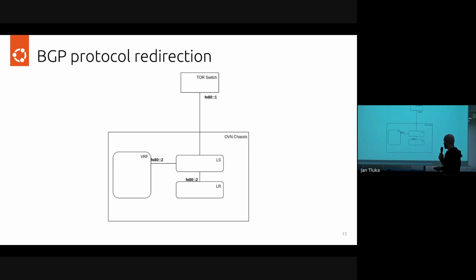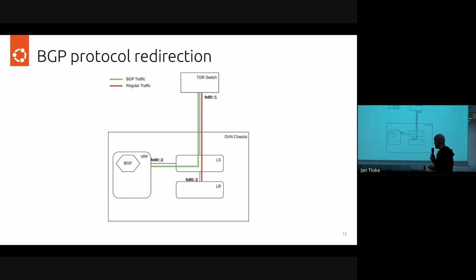Once it's stashed in there, we can set the same IP and MAC address on the interface as is on the logical router port, and we can start the BGP process in there. Once the BGP daemon listens on this address, the last piece that we need is the BGP protocol redirection.